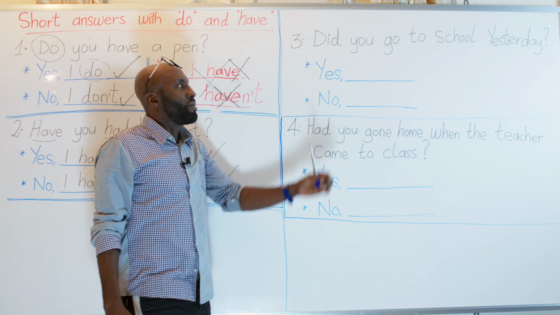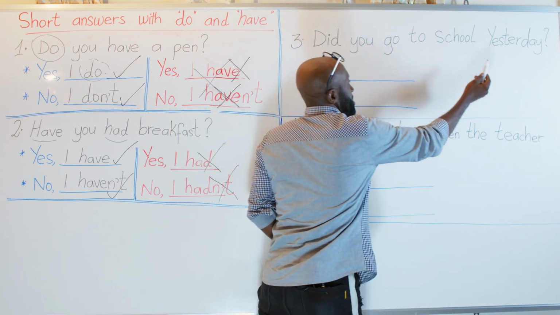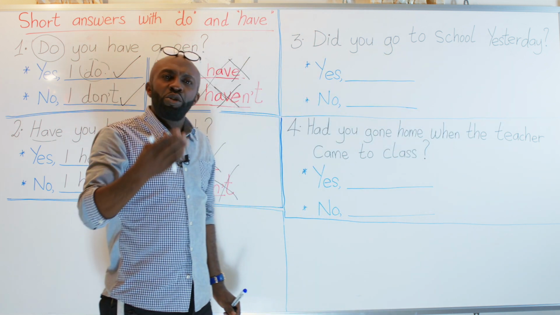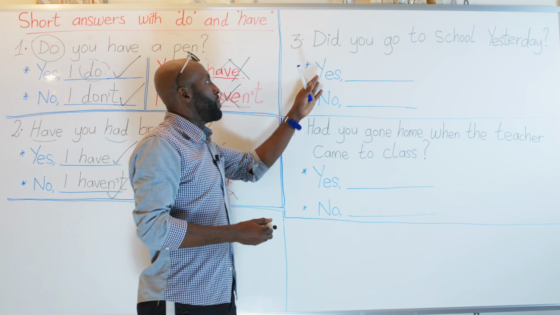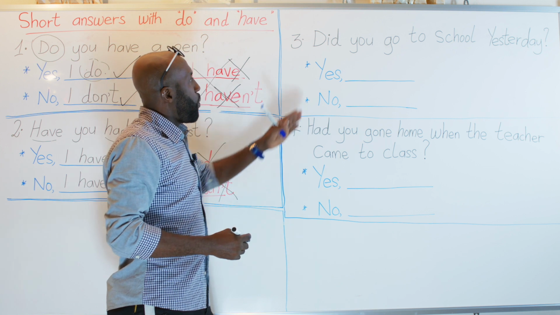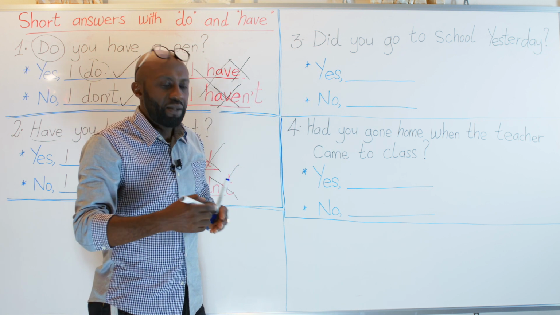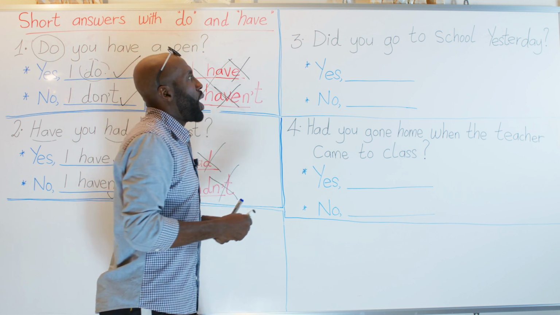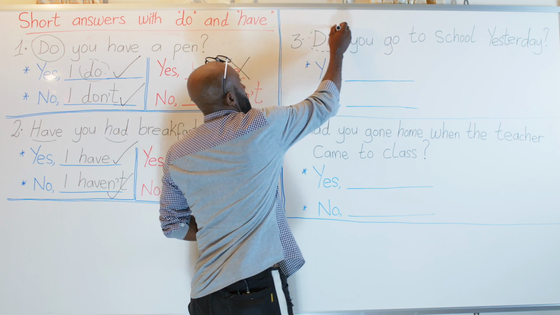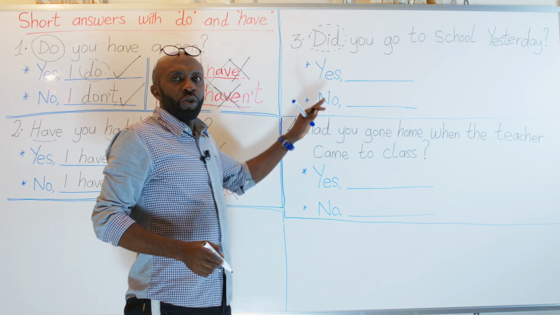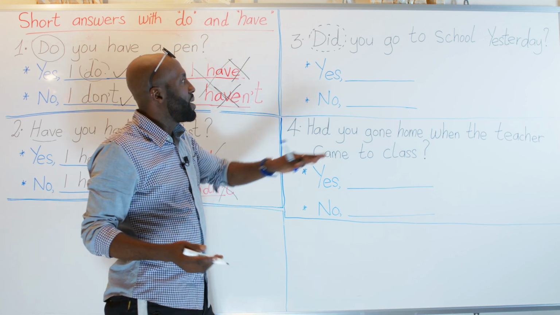Okay, let's look at example number 3. Did you go to school yesterday? Okay, so here now, what should be your response if it's a yes answer? Remember, you have to focus on the first verb here. So if it's a yes answer, what should you say?